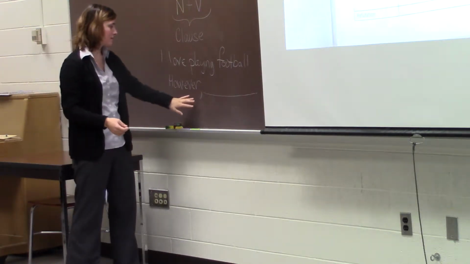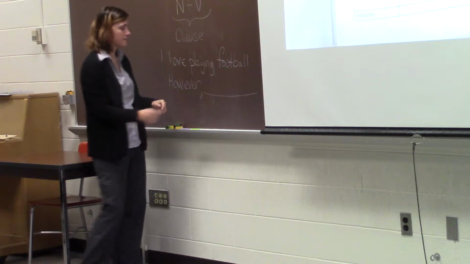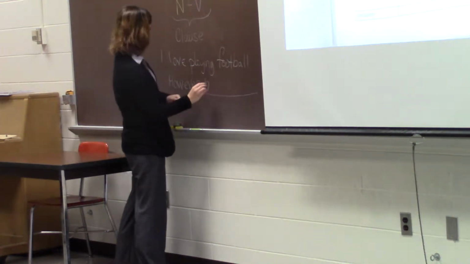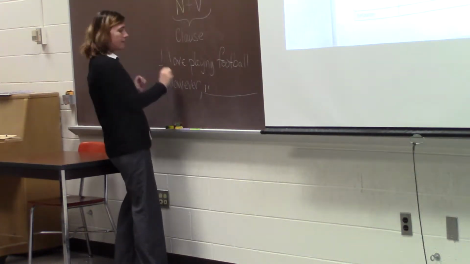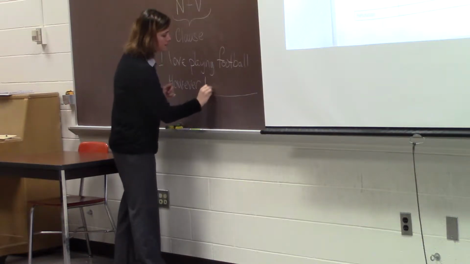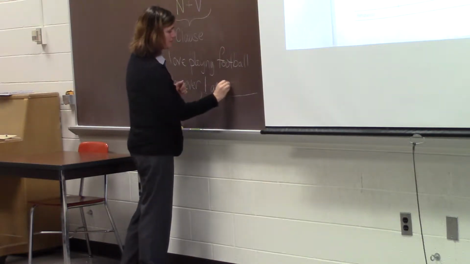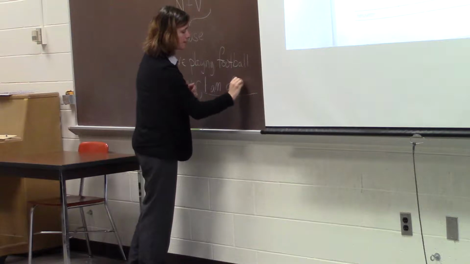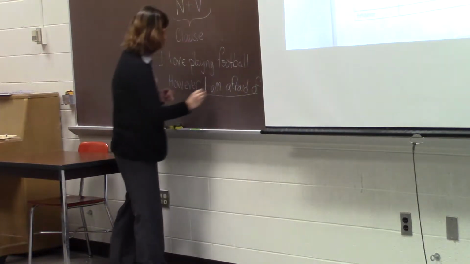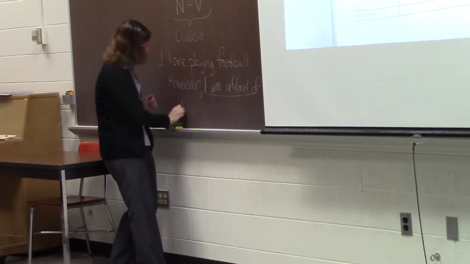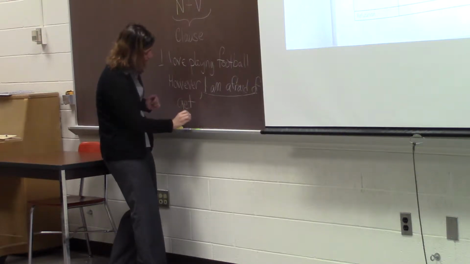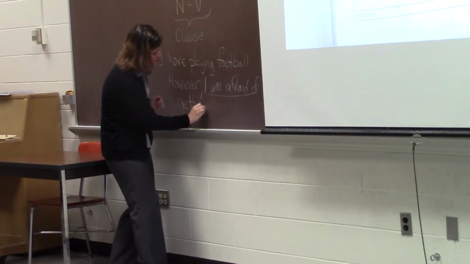However, I don't have enough time. However, he does not have, or I, we should keep the I, right? I am afraid of everything. He's not afraid of everything, he's not afraid of the ball. Getting injured.